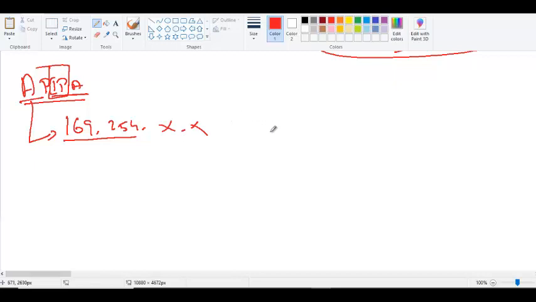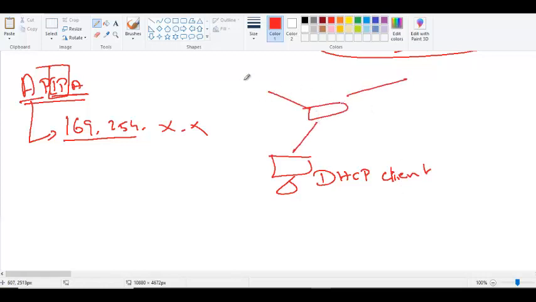What does that mean? I depend on a server for an IP address. The client says, I'm a DHCP client. I depend on a server for an IP address.